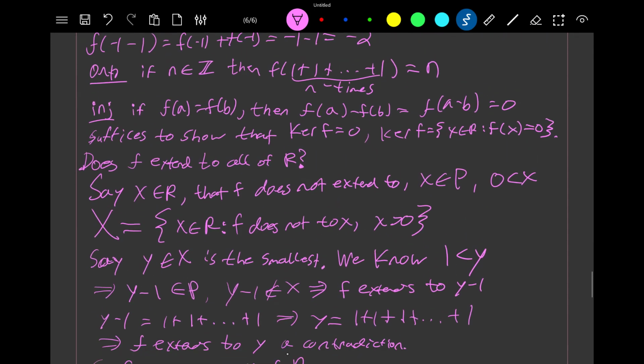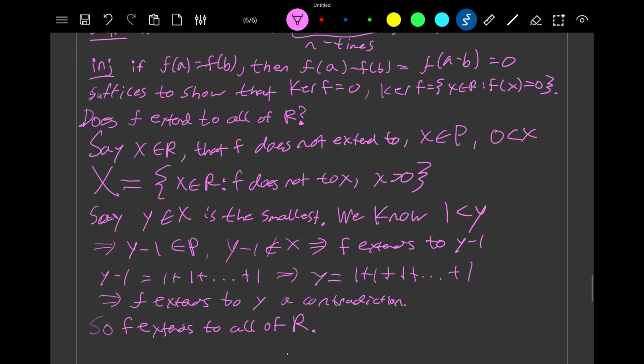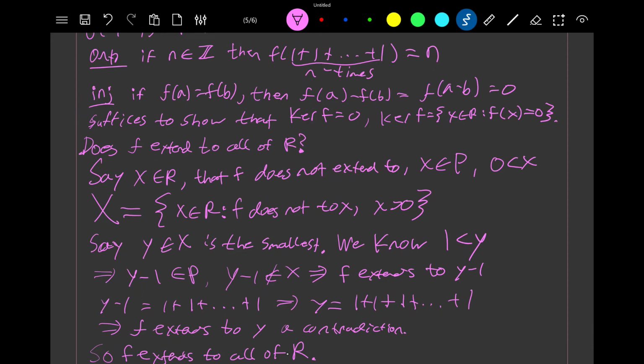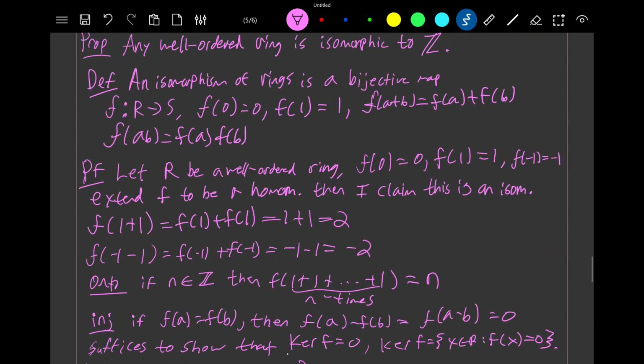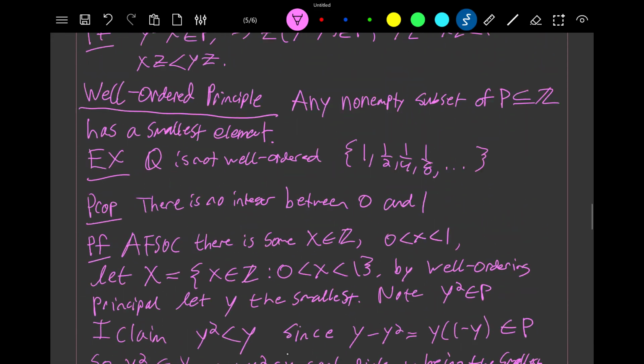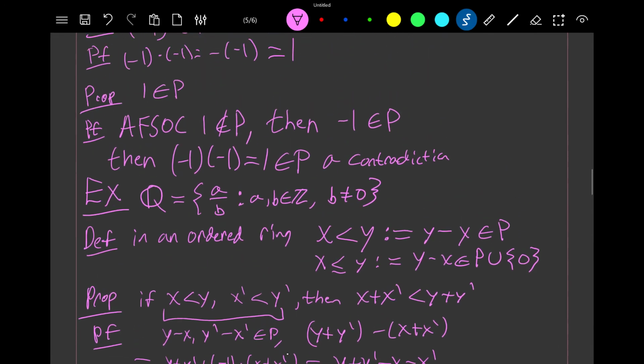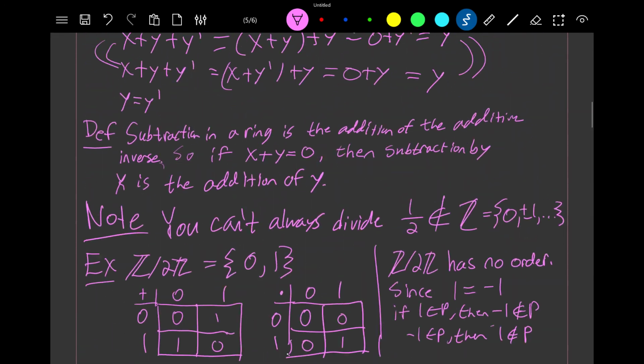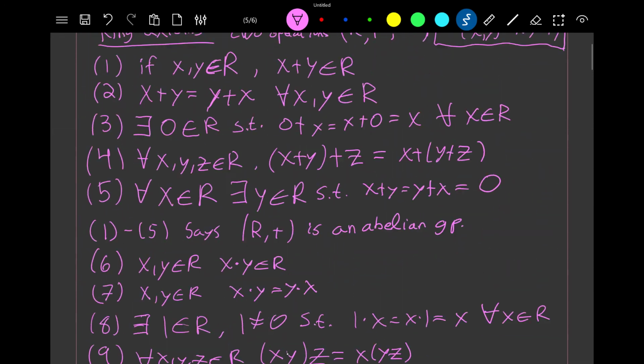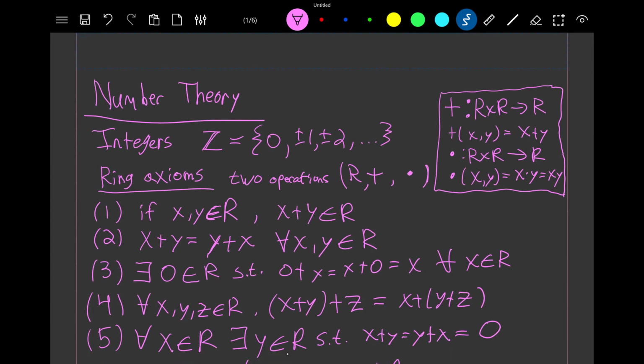And yeah, so this is pretty much, at a very basic level, if someone asks you what the integers are, this is what they are, and what defines them.